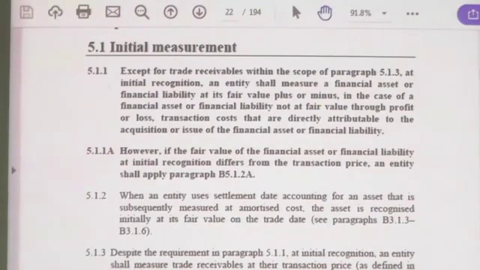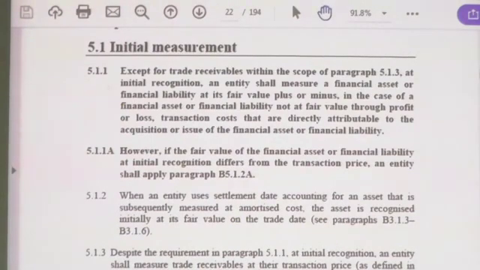Other than receivable, measure at fair value, plus or minus transaction cost other than fair value through P&L. Simply, in one sentence I told everything. Is that clear? Initially measure at fair value other than trade receivable, add or minus transaction cost other than fair value through P&L. Is that clear?